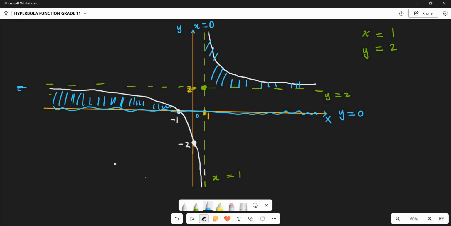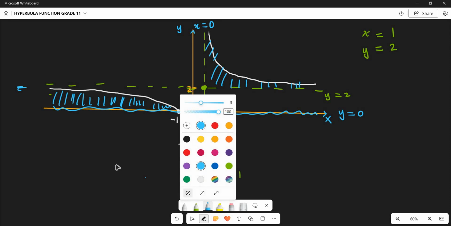So let us trace the points where this graph is above. So if we look at this asymptote here, okay, let me use a different color, maybe it might help. This asymptote here.